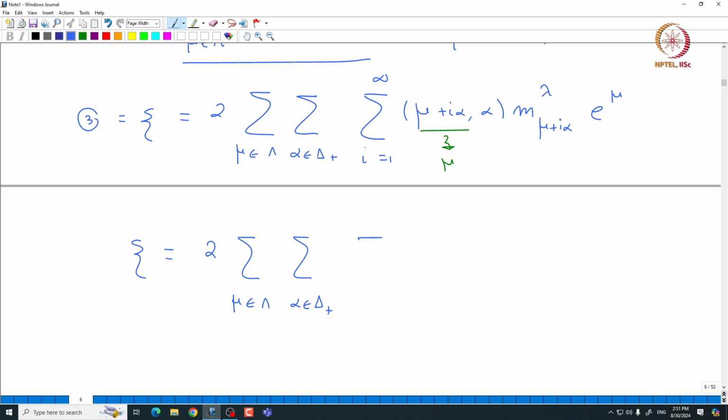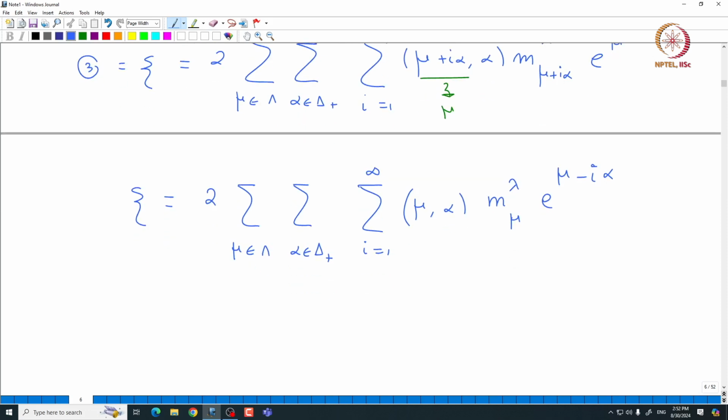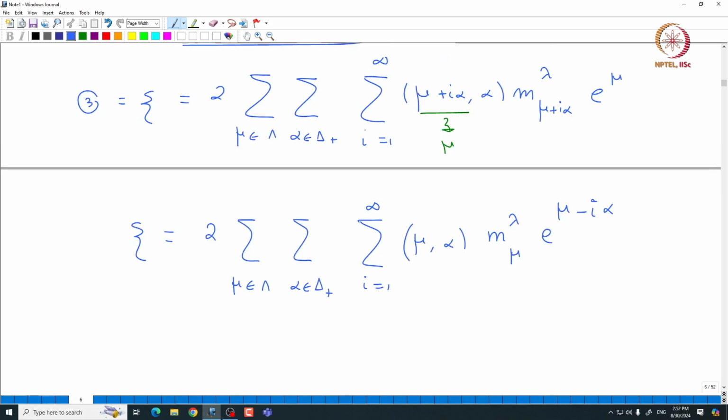Because of that we get i ranging from 1 to infinity, the inner product of mu comma alpha, and then the multiplicity of mu inside V lambda. The e power should change because we changed mu to mu minus alpha, so this becomes e power mu minus i alpha. This is what we get by changing the variable mu to mu minus alpha.